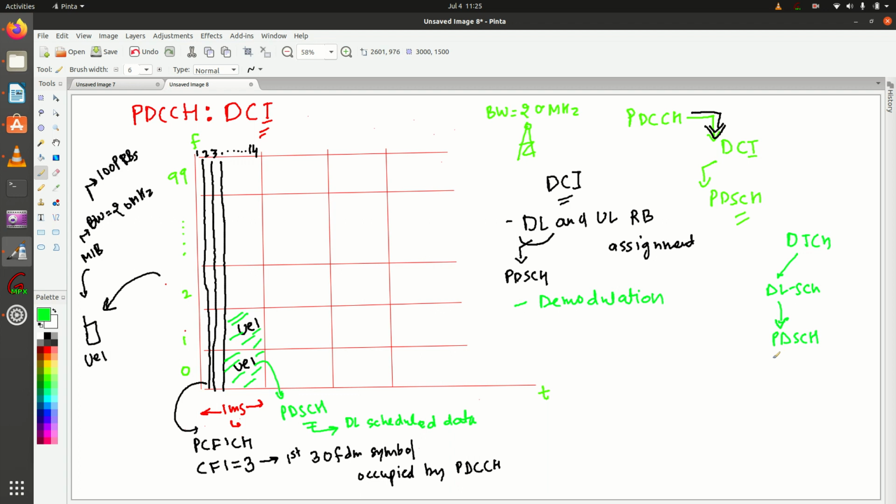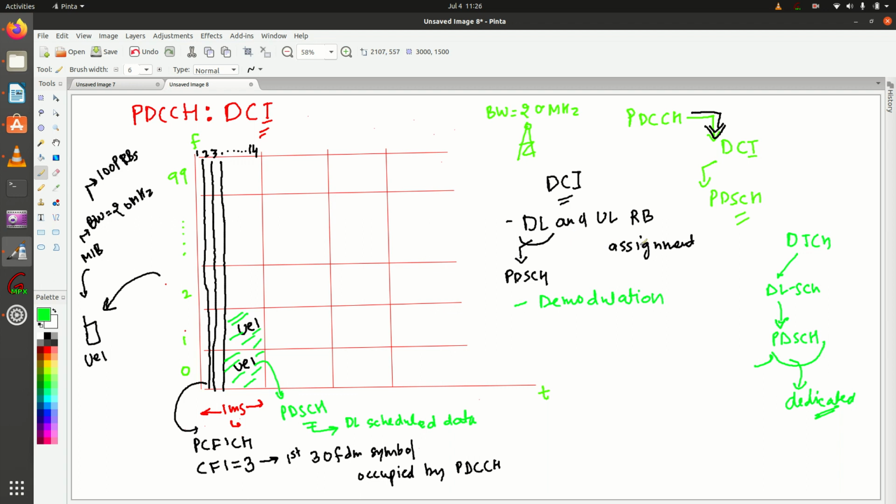When we use PDSCH for downlink traffic, it will be dedicated for a particular UE, not for a group of UEs. For a group of UEs, system information and paging kinds of traffic will be carried by PDSCH. So I hope you got this concept of downlink resource block assignment.